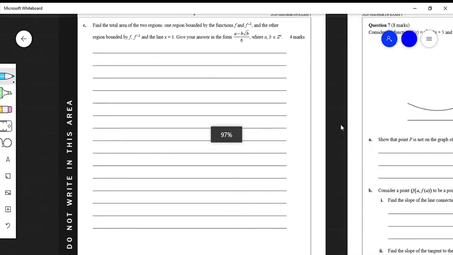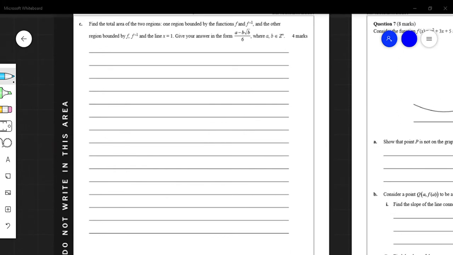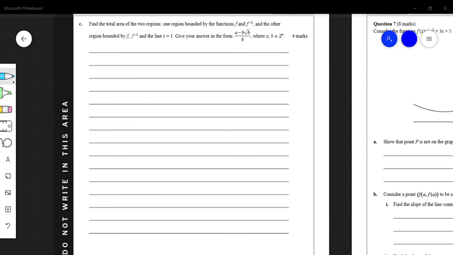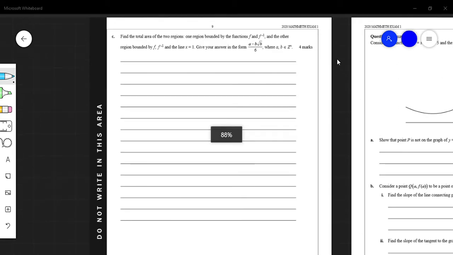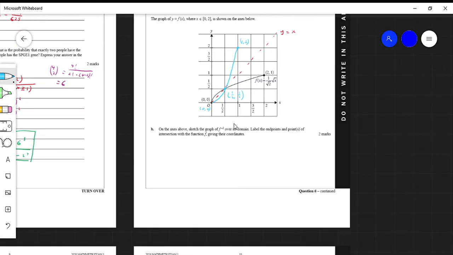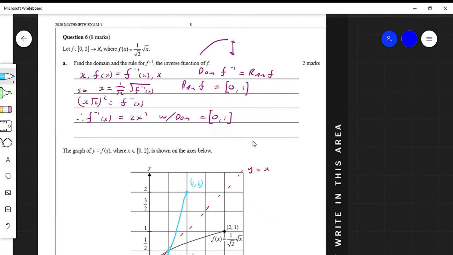Okay, here we go. There's a lot of space here. It's a 4-mark question. Get ready for some pain. So part C. We need to find the total area of the two regions bounded by the functions f and f inverse, and the line x equals 1. So let's just go back quickly.